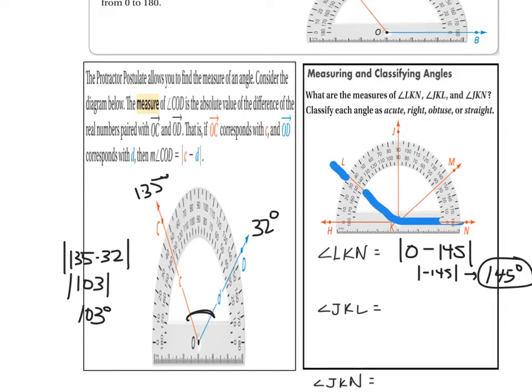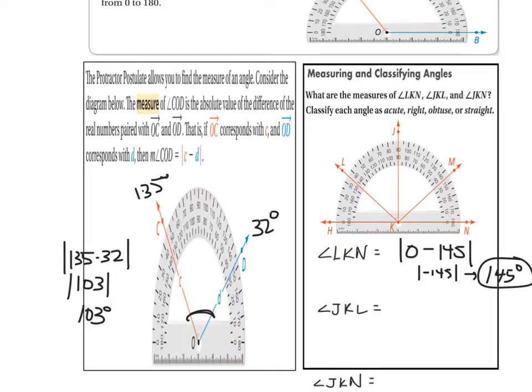All right, so now angle JKL. Angle JKL, as I'm going to erase like so. Again, I'm following, in this case, the letters that I can here.